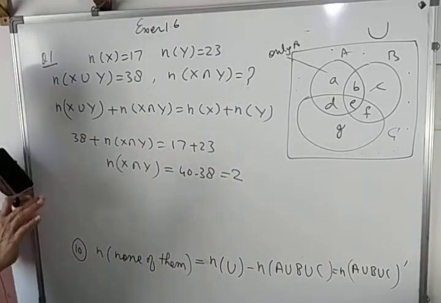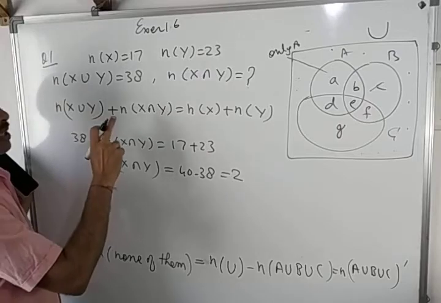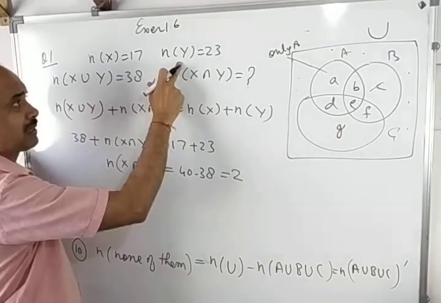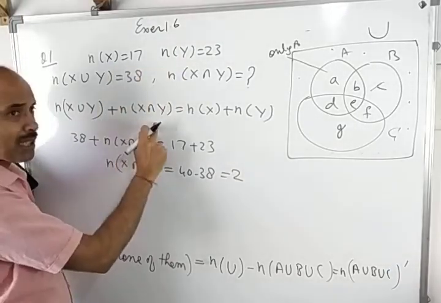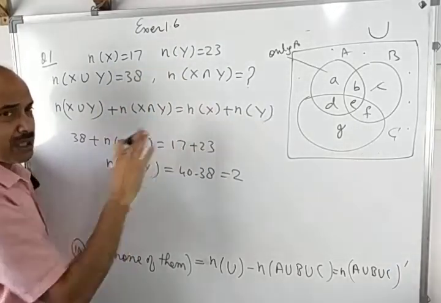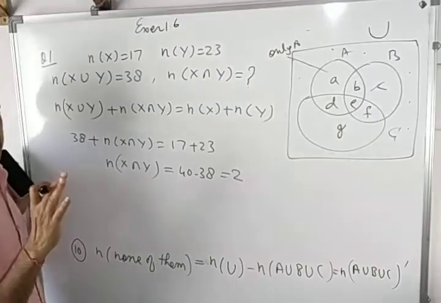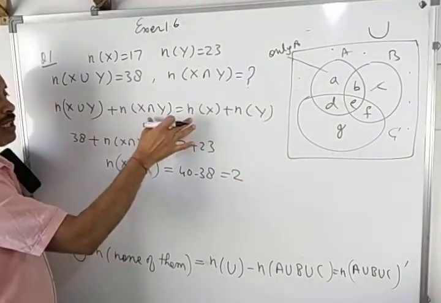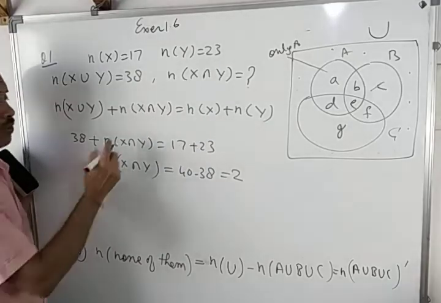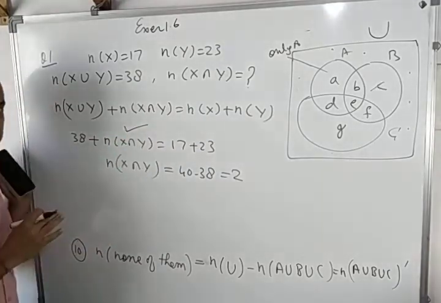So you have to understand that if the question is based on two sets, then this formula will be applicable. In case of three sets, it is not going to apply. You must remember, out of these four, any three will be given, so the fourth can be found easily.